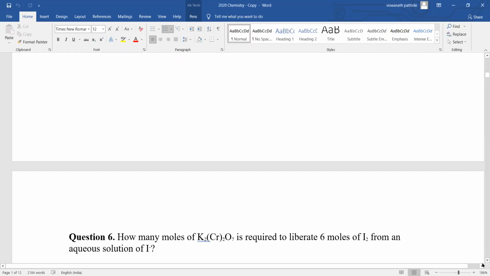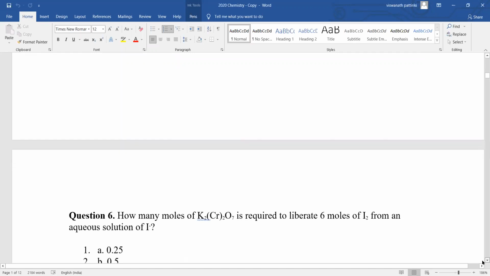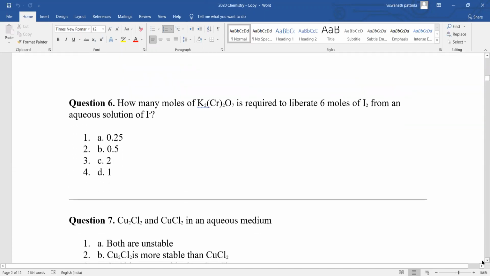And the next one is, how many moles of K2Cr2O7 are required to liberate 6 moles of I2 from an aqueous solution? For this, you have to remember the standard equation.